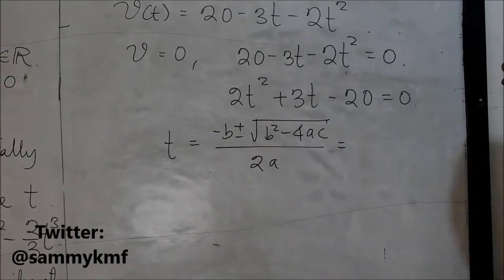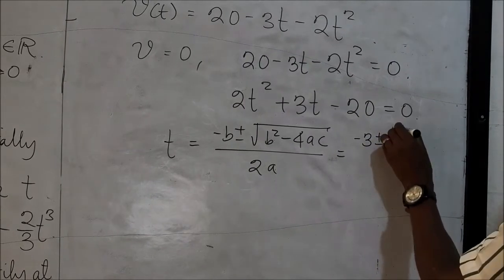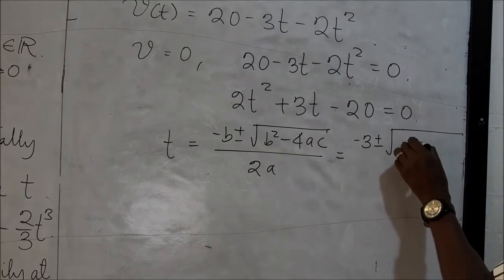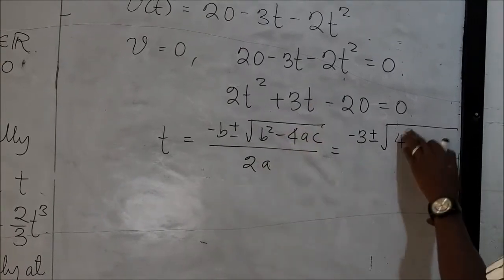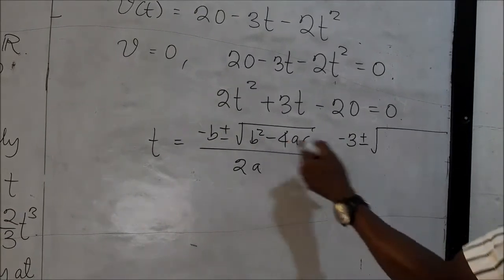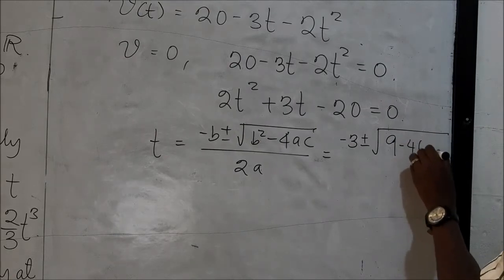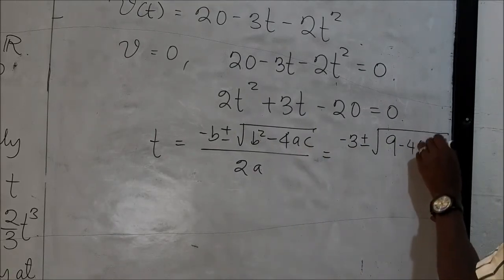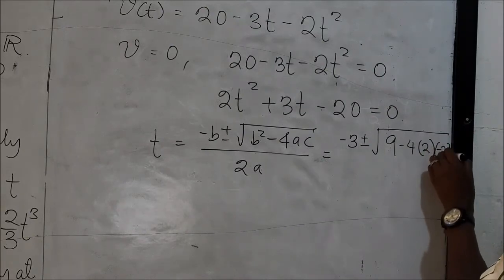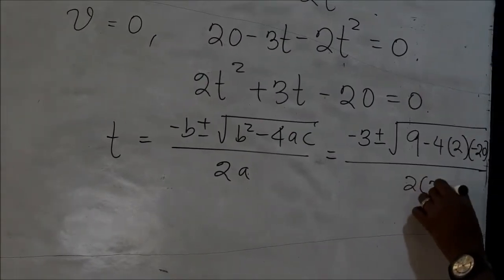If we substitute the values, we are going to have minus 3 plus or minus the square root of 3 squared, that is 9, minus 4 times a, which is 2, and c, which is minus 20, divided by 2 times 2.